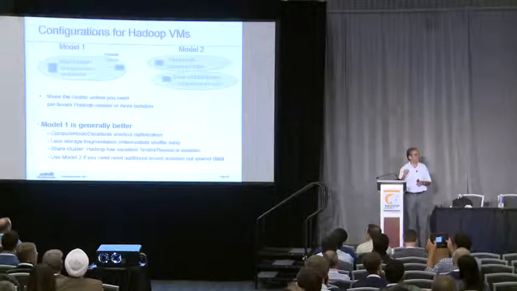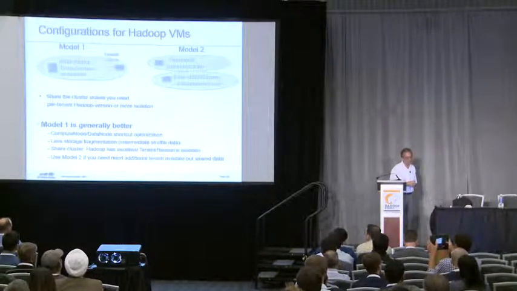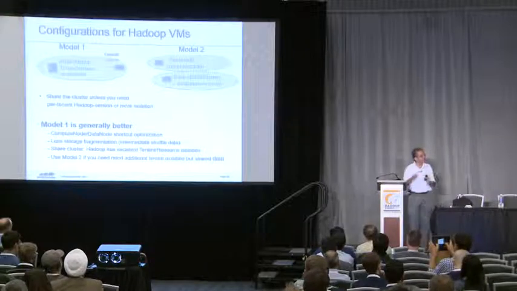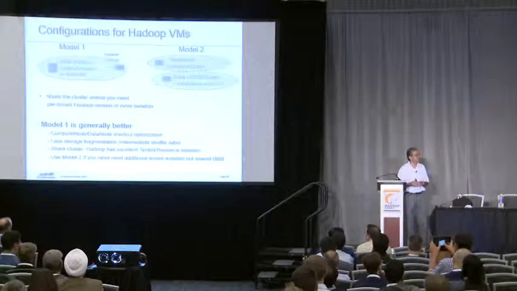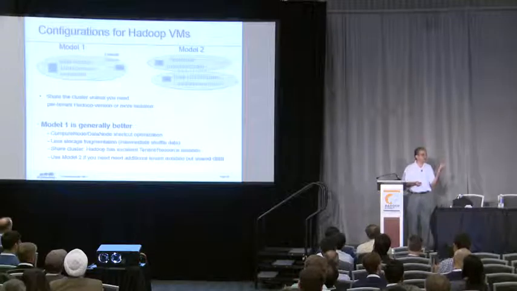There is less storage fragmentation, as I mentioned, due to the shuffle data. And do share the cluster to the degree possible. Don't worry about needing to put different tenants on different clusters unless you really understand the requirements, because Hadoop is pretty good at that. You only really use model 2 if you need some additional tenant isolation but you want to share the data.